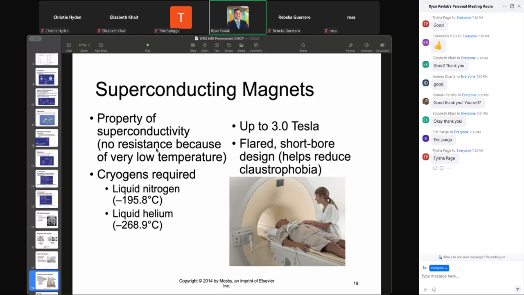The cryogen that we use is liquid helium. It keeps it very, very cold because there is no friction. We don't get any transfer of electricity to heat. And that magnet is just going to always stay on as long as you've got it up and running.